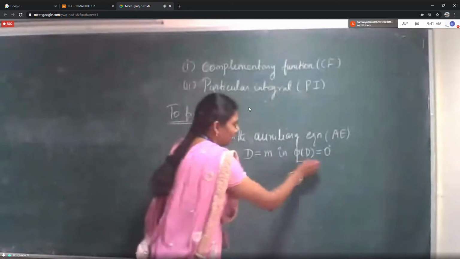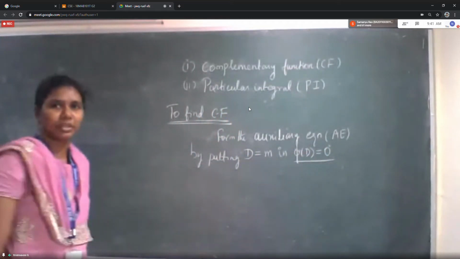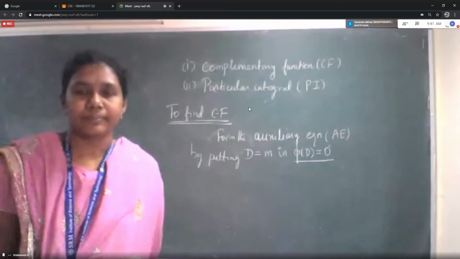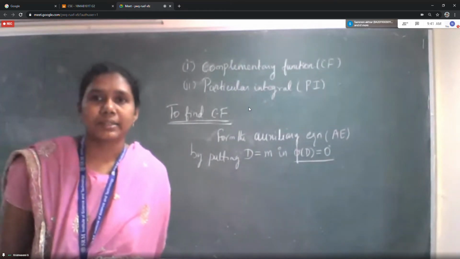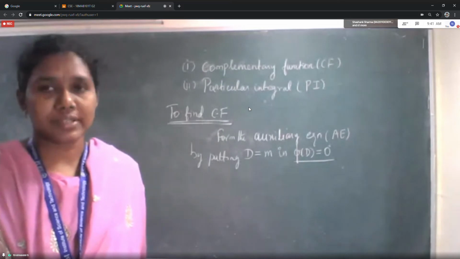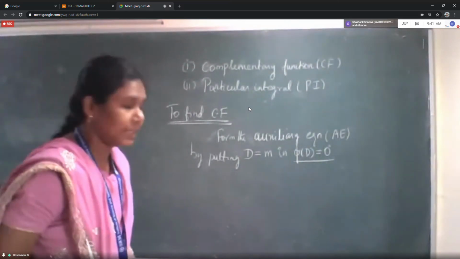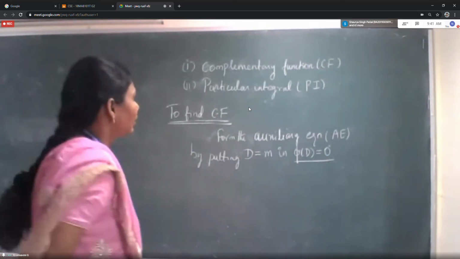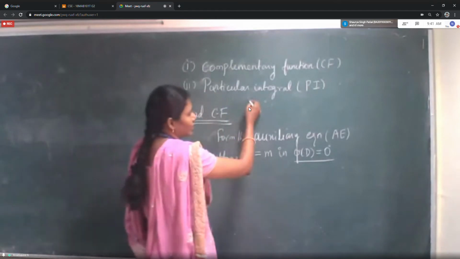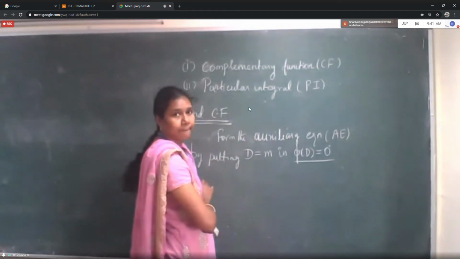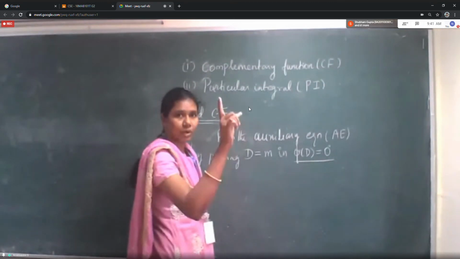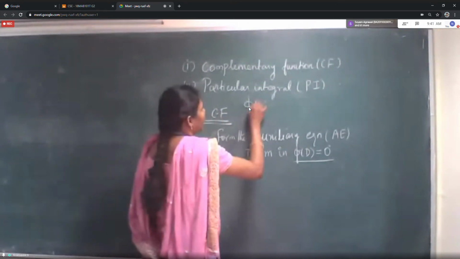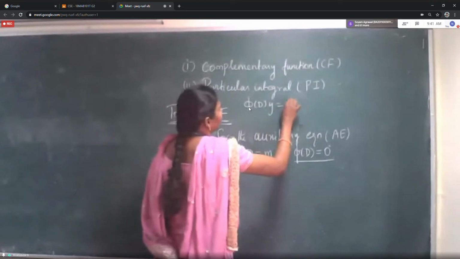What is this? What do we have to do? What is the meaning of this? Guys, if we want to find the complementary function, what is the first equation? Equation 1: phi of D into y equal to f of x.